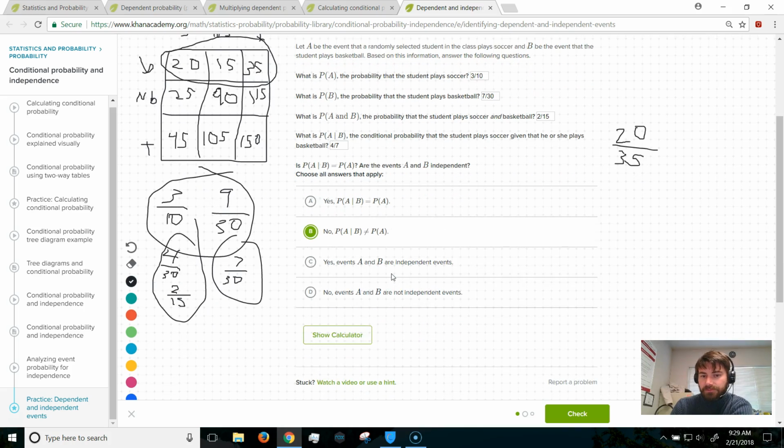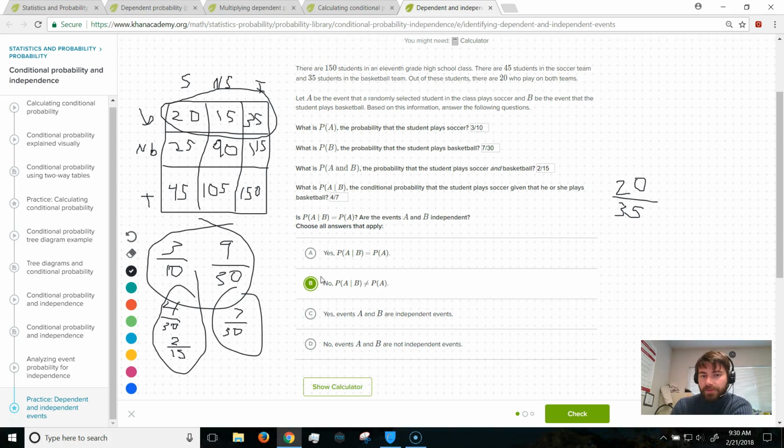So this is kind of like a word trick, right? So what's the probability of A? The probability of A is a student plays soccer. And so if we know they also play basketball, does that change the probability? So in other words, does knowing that they play basketball change the likelihood that they play soccer?